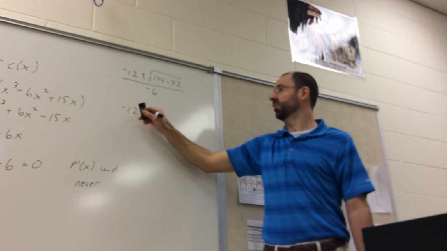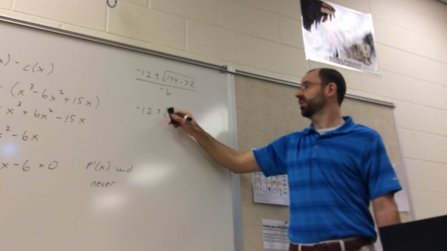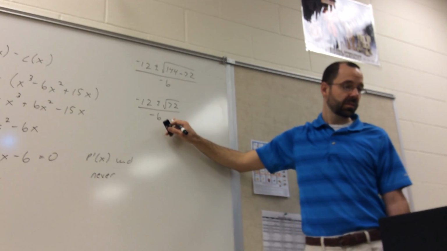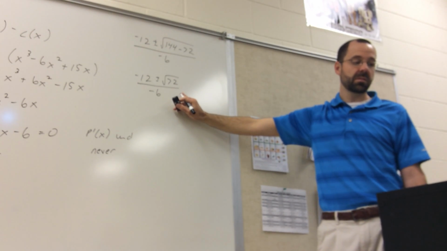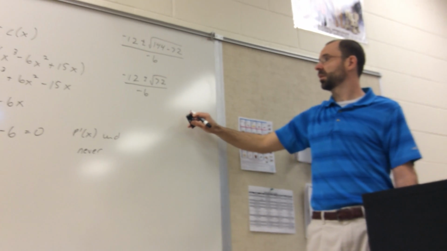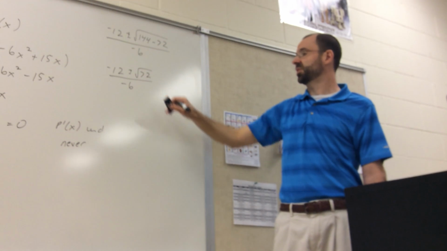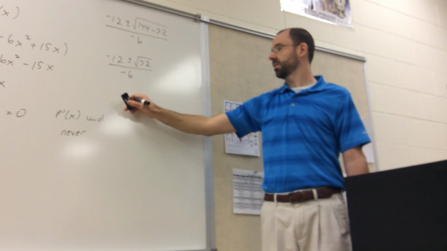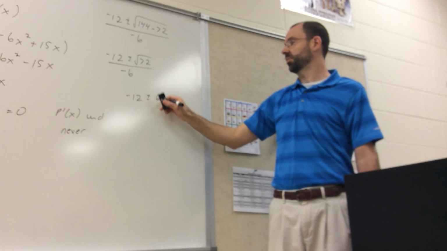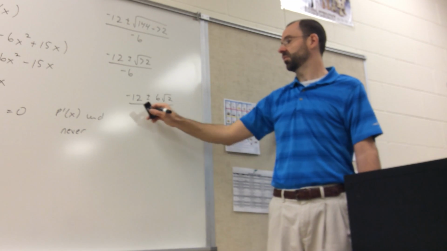So that's negative 12 plus or minus the square root of 72 all over negative 6. The 72 is 36 times 2. So that's negative 12 plus or minus 6 root 2 over 6.